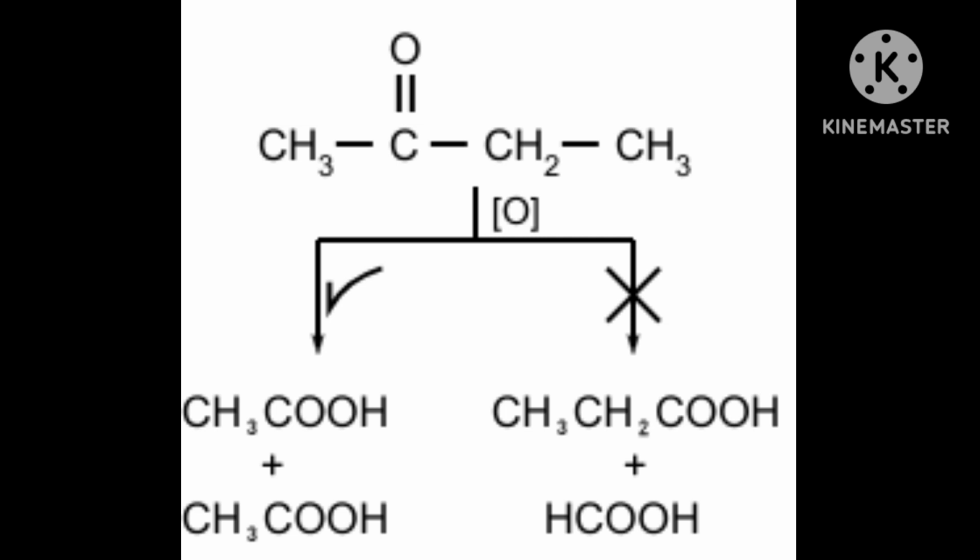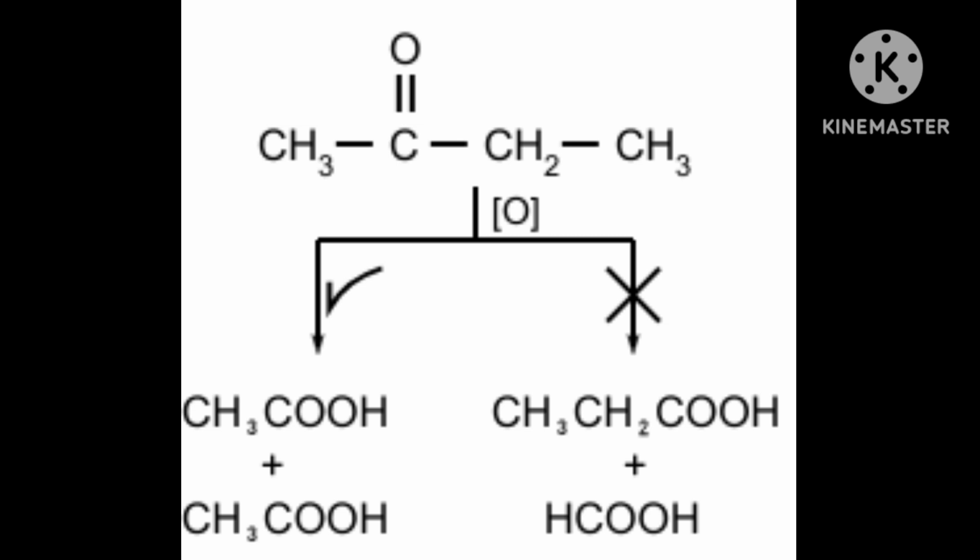Then you will get here RCOOH, and the other will be R dash CH2 COOH. CH2 was on both sides, only from that CH2, R dash has joined with the third carbon and R is joined with the first carbon. Then RCH2 is on both sides, but here the carbon bond is broken.